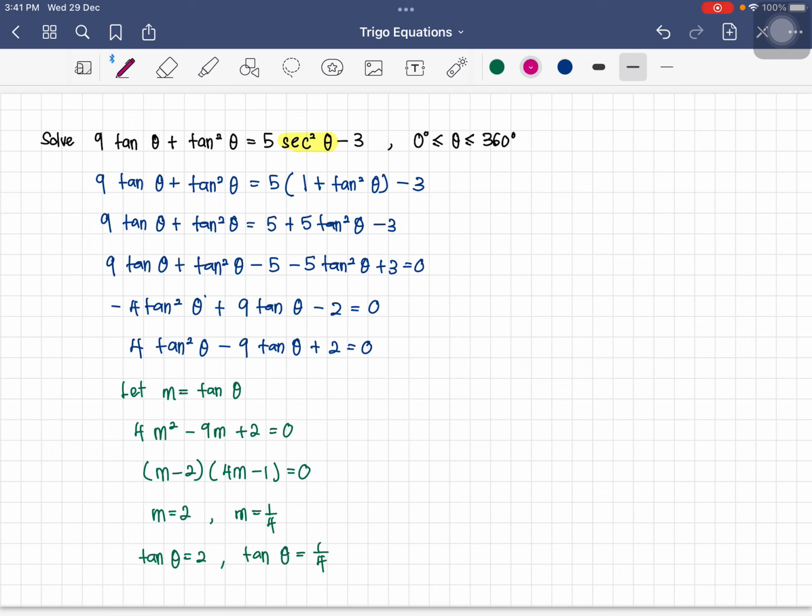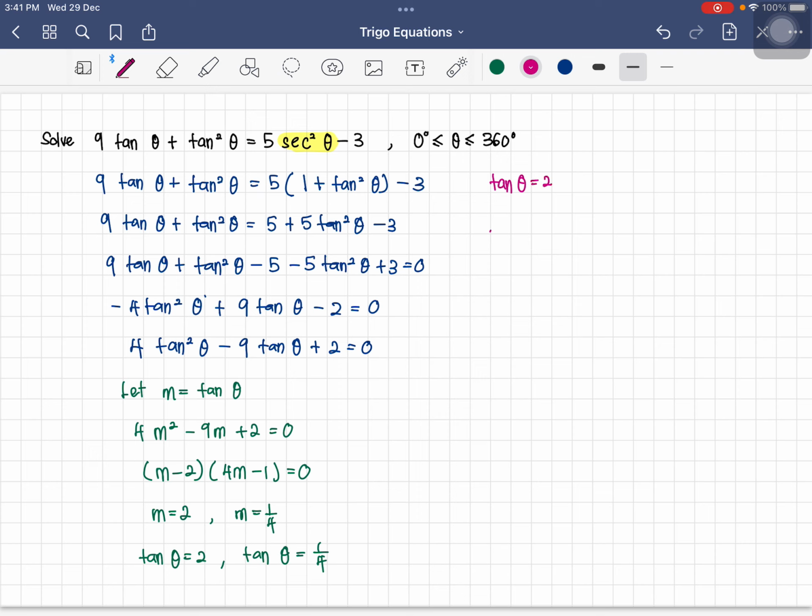Do we have tangent theta equal to 2? So let's just press the calculator. You take tangent inverse of 2, and you get a value there. So I need to solve for the first one: tangent theta equal to 2.